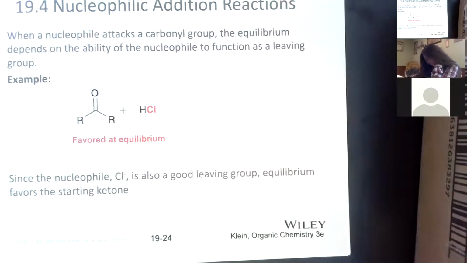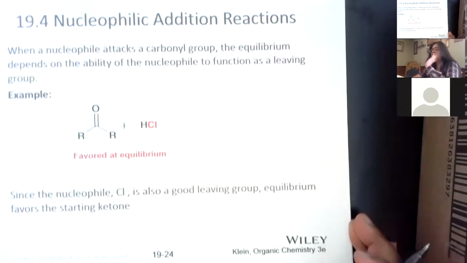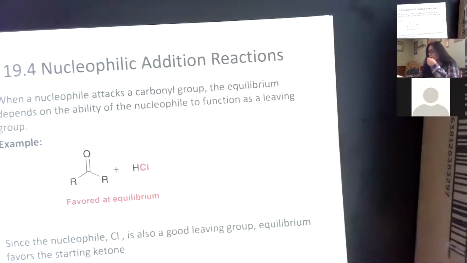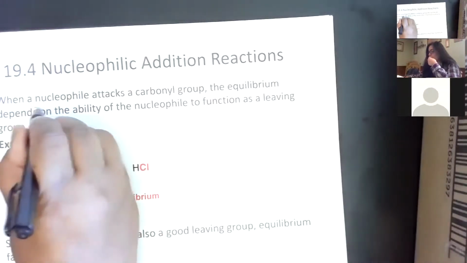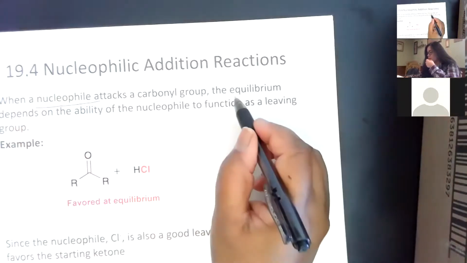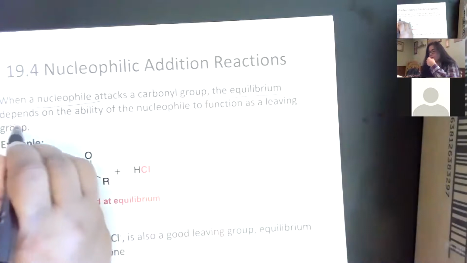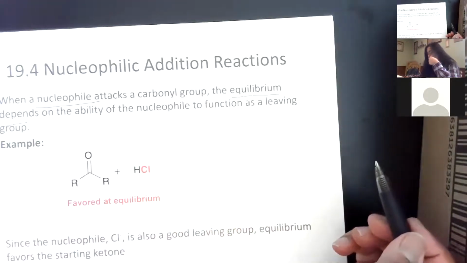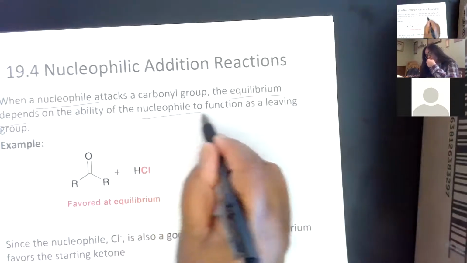Once we have the groundwork down, then the mechanisms after that flow a little bit easily. So when a nucleophile attacks the carbonyl group, the equilibrium depends on the ability of the nucleophile to function as a leaving group.